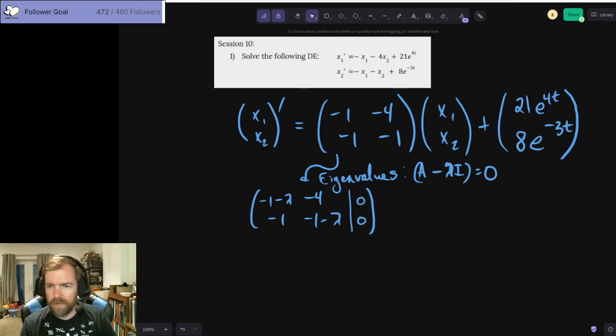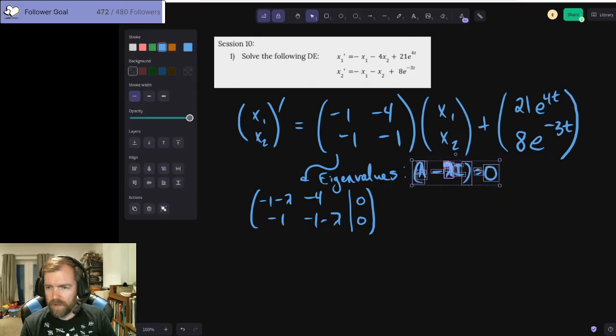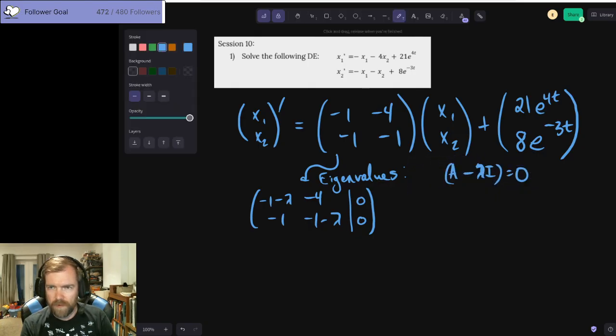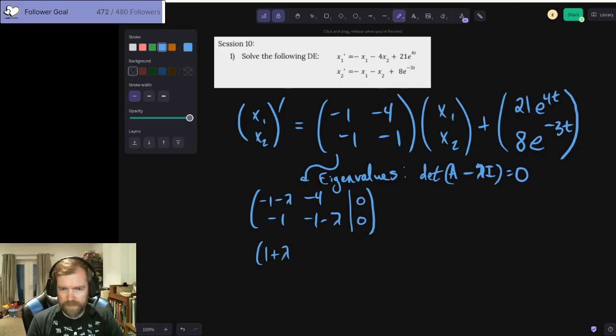So this turns into 1 plus lambda squared minus 4, and I'm doing that rather quickly just because we have two of the same factor, and I'm mentally factoring out a negative sign out of those. So lambda plus 1, or 1 plus lambda squared minus 4.